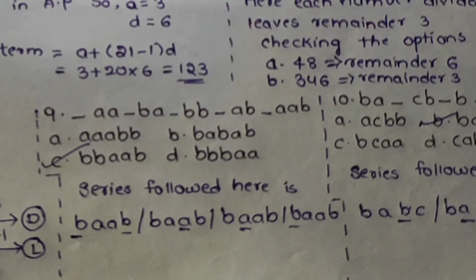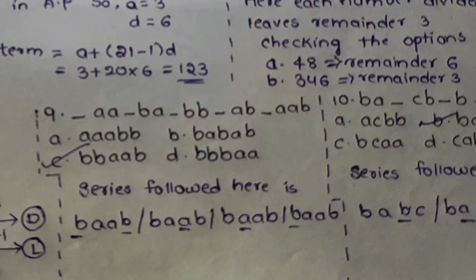So in the first blank you will get B. And in the first series, if you see the third letter is A, so in the third blank you will get A. And similarly, in the first series, in the second letter you have A, so in the fourth blank you will have A. So in the fifth blank you will have B. So the option is BB, AAB, which is option number C.